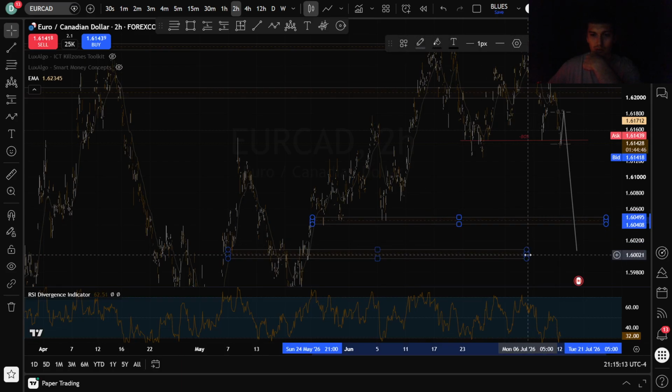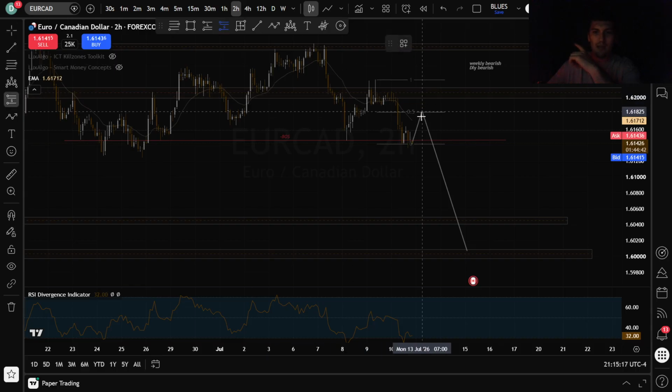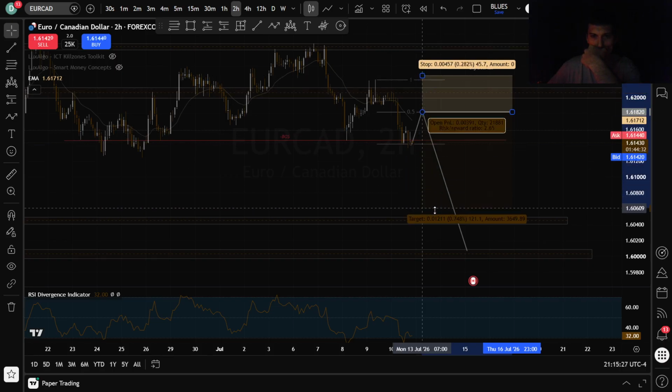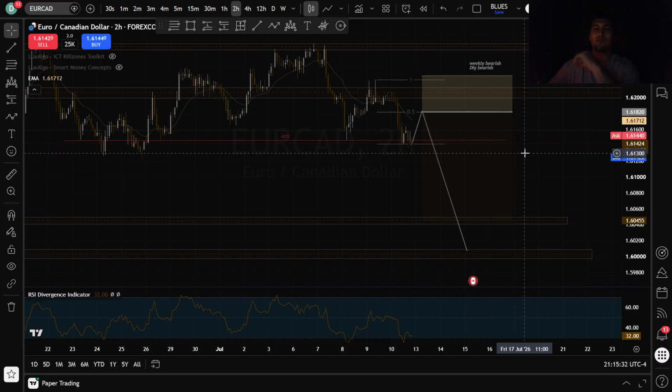And we do have another one a little bit lower. So watch this. If we end up getting in somewhere around here, our stop loss will go up there and our take profit will be down here, meaning that that is a 1 to 3 trade. That is beautiful.